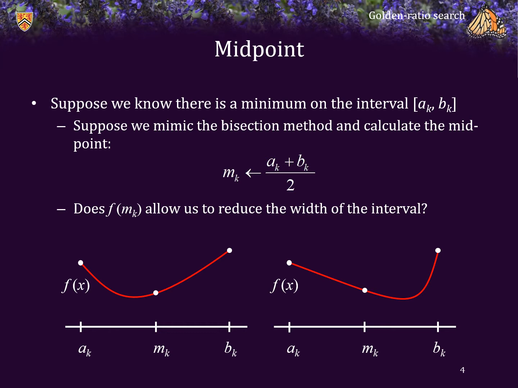So evaluating the function at a single point in the middle is not going to help you reduce the interval. We don't know whether or not the minimum is on the left-hand interval or on the right-hand interval. All right, so it seems that one point is not enough.